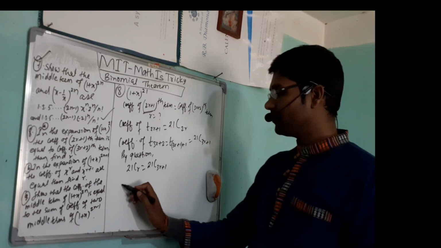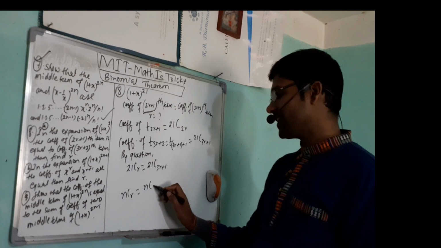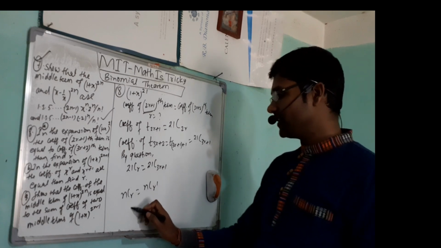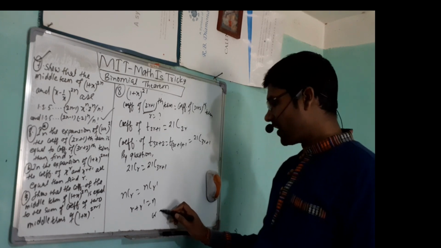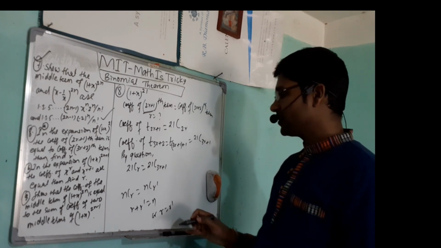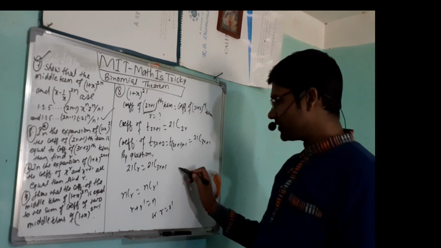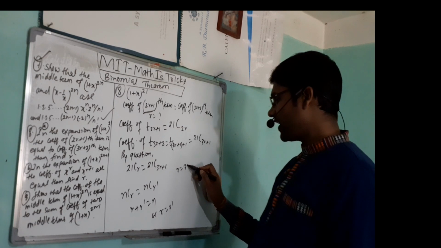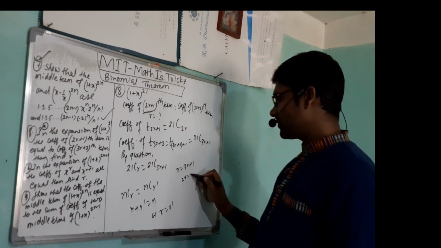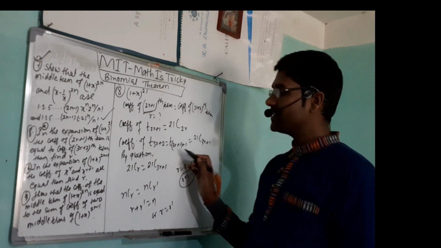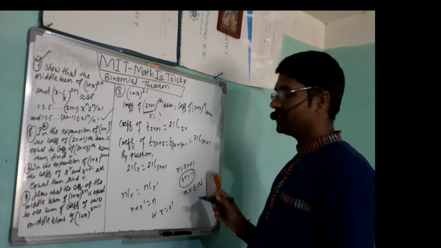And now we have one formula, that means nCr equals nCr dash. In that case r plus r dash equals n, or r equals r dash. So now in this case, look here. First, if we take here 2r equals 3r plus 1, we'll get here r equals minus 1, which is not possible because n and r belong to the set of natural numbers.